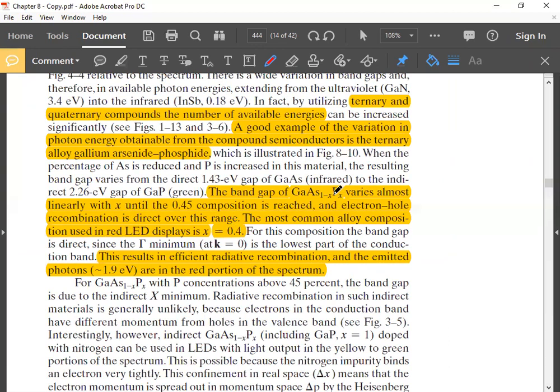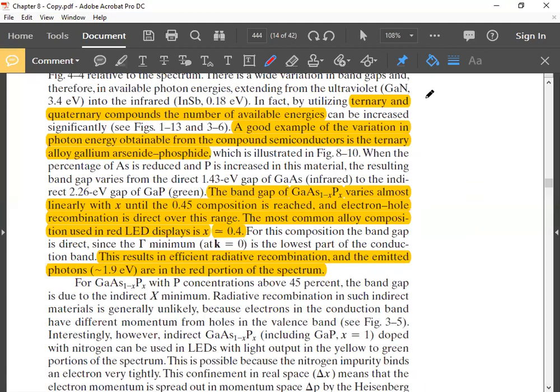So x equal to 0.4 means gallium, then arsenic 60%, phosphorus 40%. This results in efficient radiative recombination, and the emitted photons are in the red portion of the spectrum. So Eg is around 1.9, and this 1.9 divided by h corresponds to a frequency which is the frequency of red light. So red LED can be made with this.